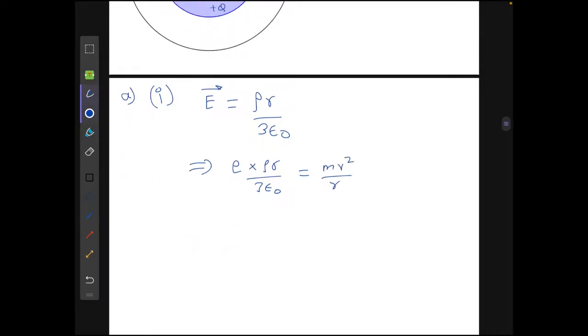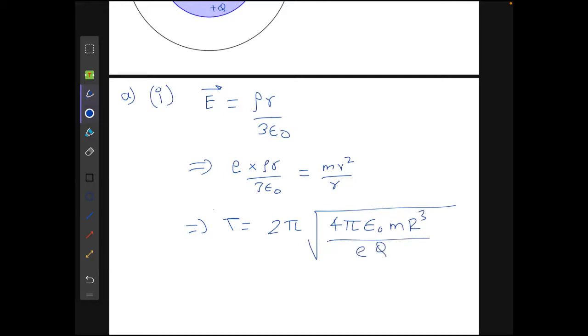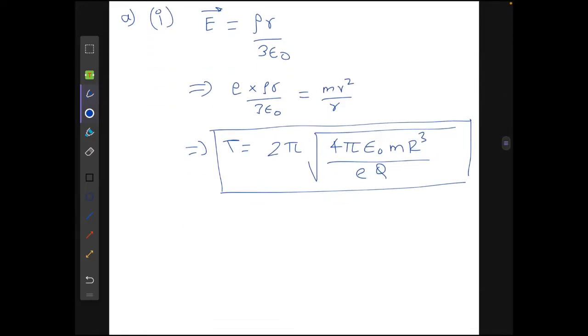So from here we can get the velocity, and again the time period can be found trivially, and the time period will come out to be 2 pi root of 4 pi epsilon naught m R cubed over eQ. So this will be the time period in the first case. Notice that this is a constant for all small r because it is simple harmonic motion, and so the time period will be constant for each radius r.